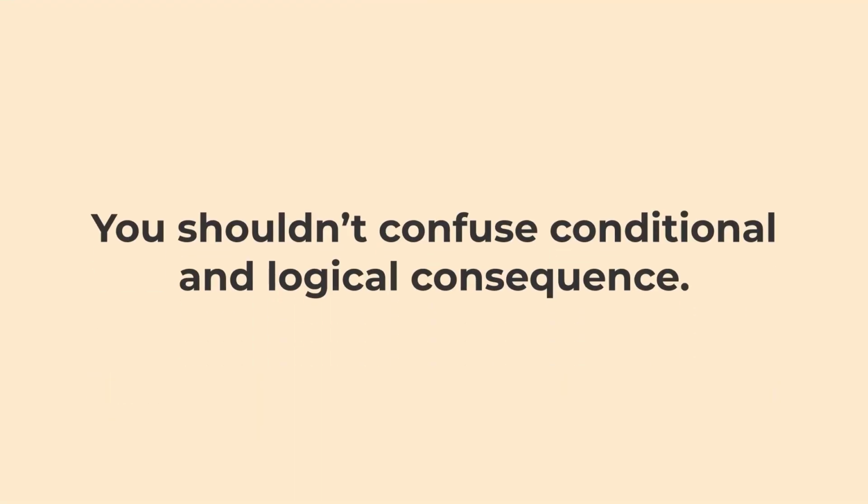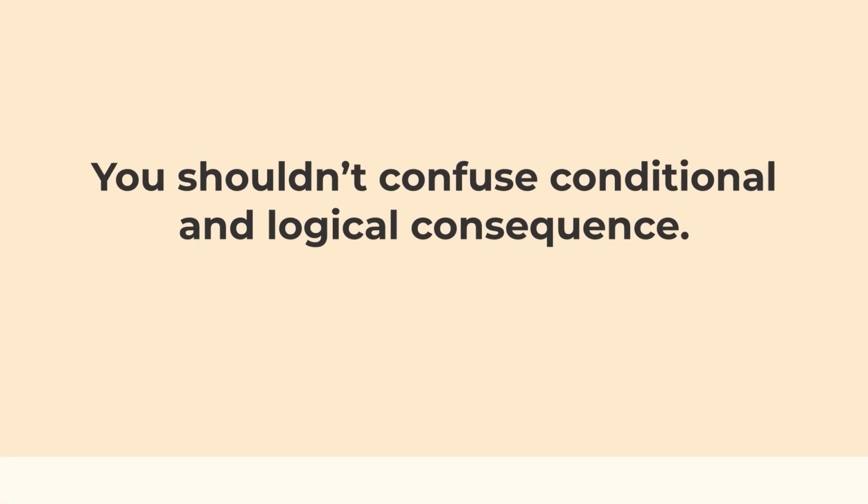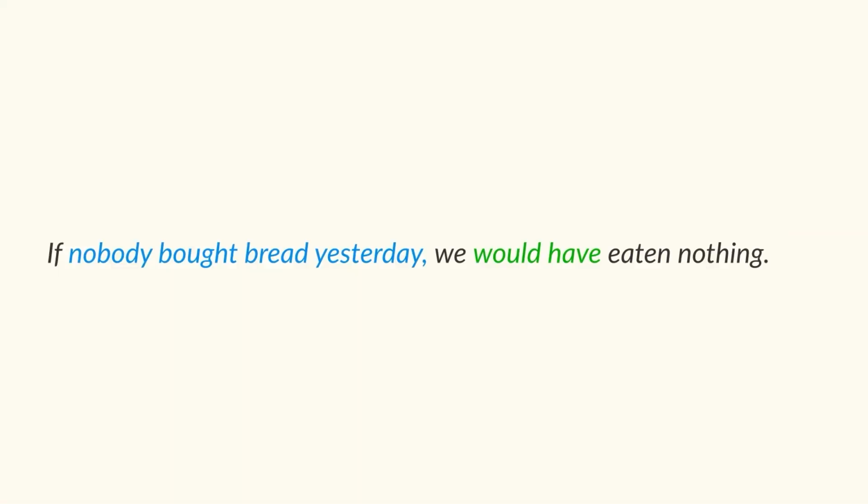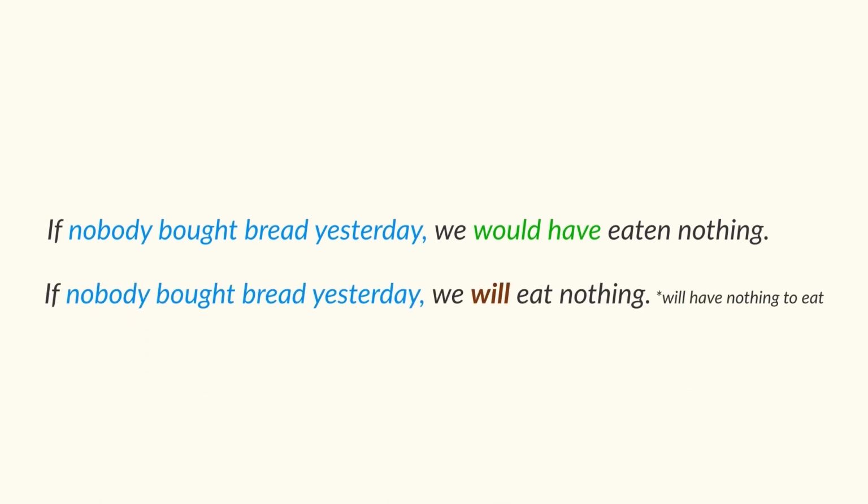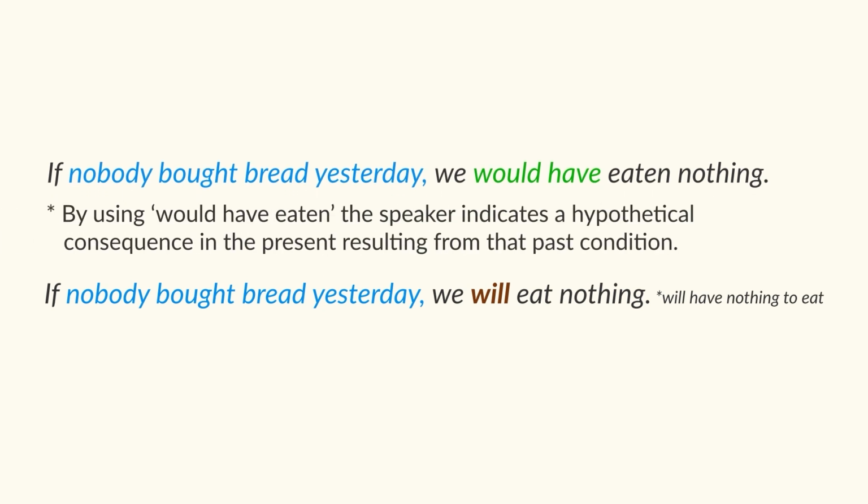Please note, you shouldn't confuse a conditional and a logical consequence. Let's look at the sentences. If nobody bought bread yesterday, we would have eaten nothing. If nobody bought bread yesterday, we will eat nothing. We will have nothing to eat. By using would have eaten in the first sentence, the speaker indicates a hypothetical consequence resulting from that past condition.